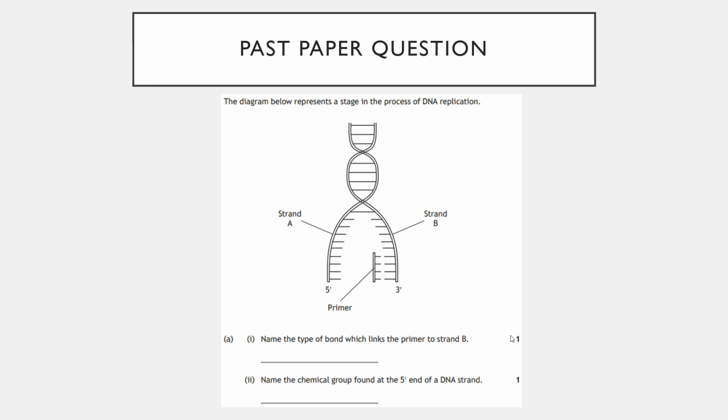Here you're asked to name the type of bond which is linking the primer made of those nucleotides to the strand B, and also to name the chemical group that's found at the 5' end of any DNA strand. Again, pause the video and write down your answers.